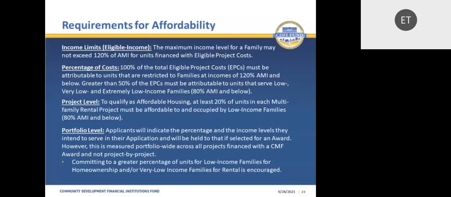It wouldn't necessarily give you any extra points to have census tracts located in both AED and HOA. So the NOFA criteria is whether the rental unit is located in an area of economic distress or a high opportunity area. So as long as you're hitting at least one of those criteria, you're fine.